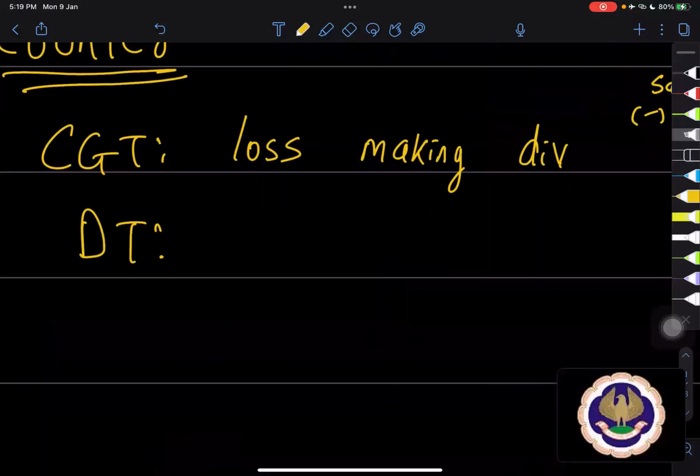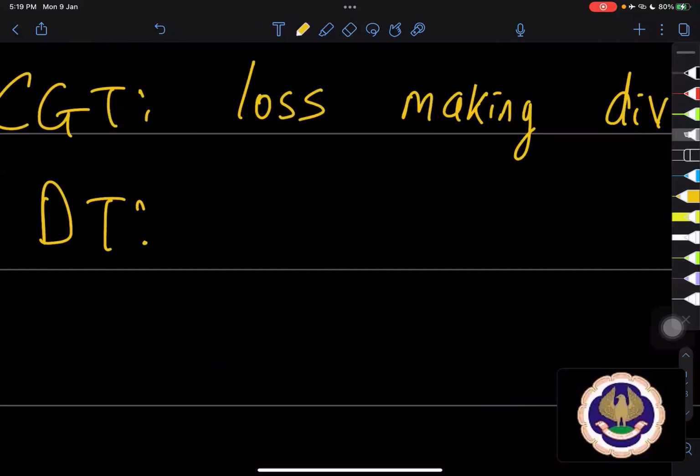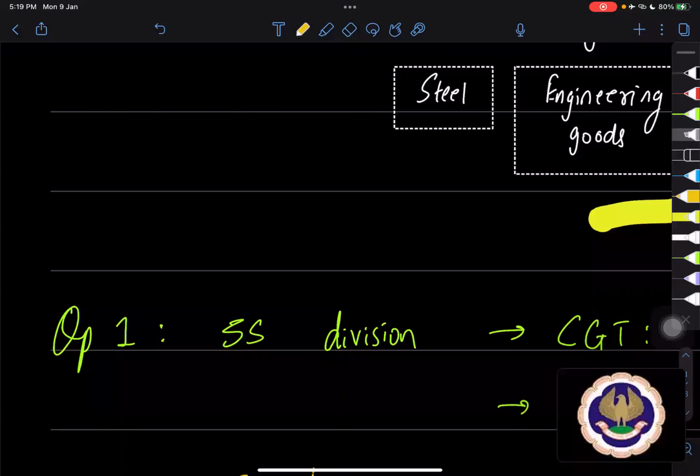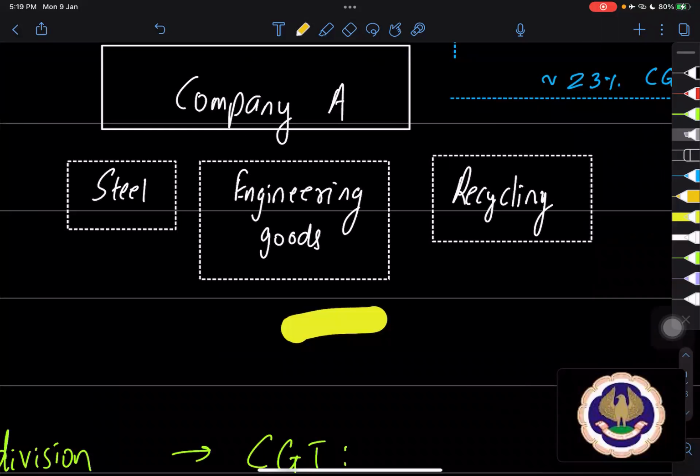Second, where the dividend is not supposed to be distributed. Like we discussed, there are 3 divisions, and we are selling one division, which is the engineering goods. So this gets sold off. The other divisions are still there, so the money may be required for the steel and the recycling business. They may not need to repatriate the money back to the shareholders.